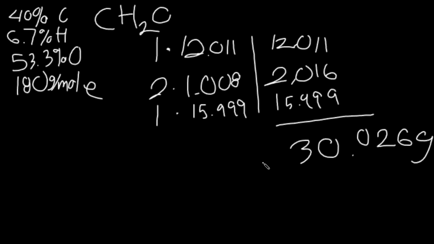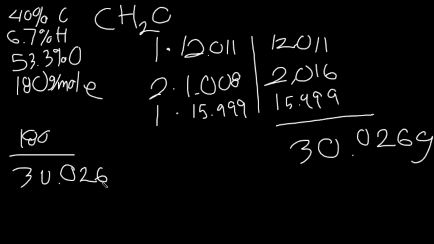Now, given the 180 grams per mole given a while ago from the problem, we basically divide 180 by 30.026, the one we have.